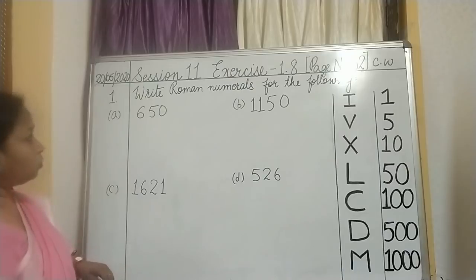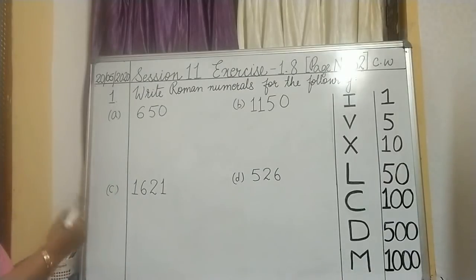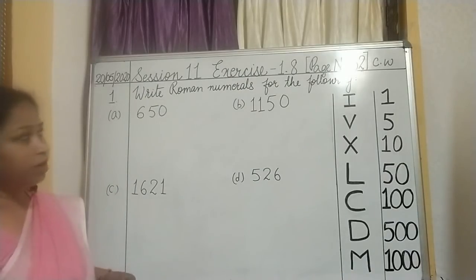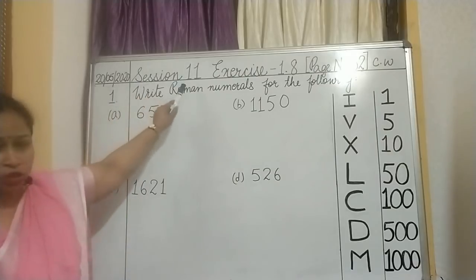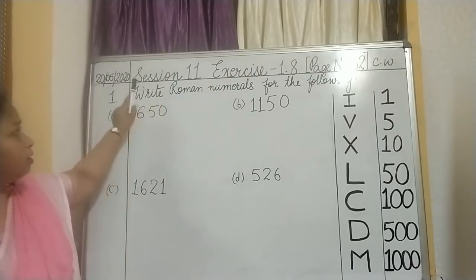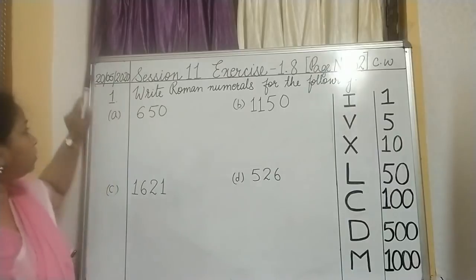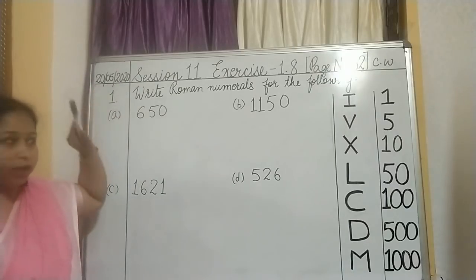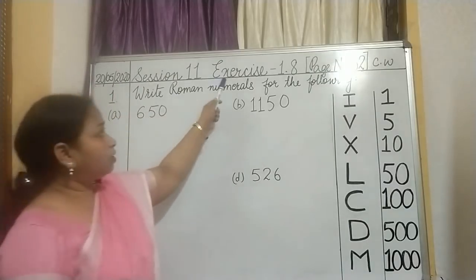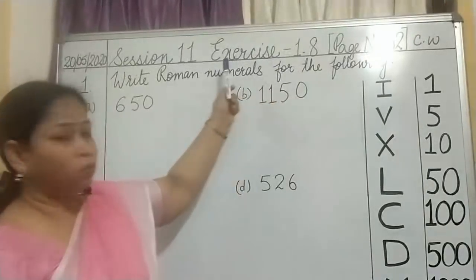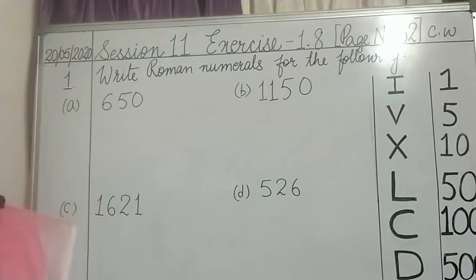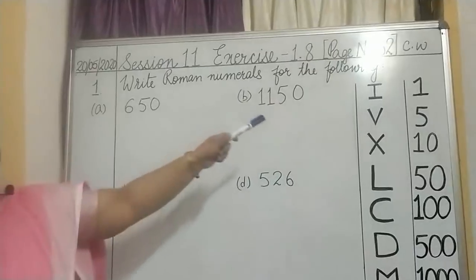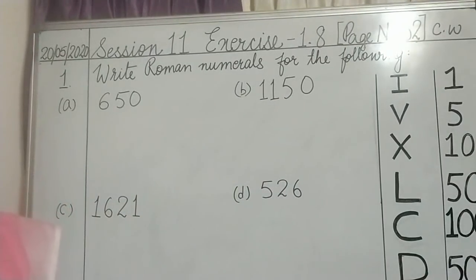All these are book work, and as I keep reminding you, write down the session. This is the 11th session, children. Write down the session number, then write down the date. On page number 32 you can see exercise 1.8 is given. Since this is classwork, I have mentioned classwork there.